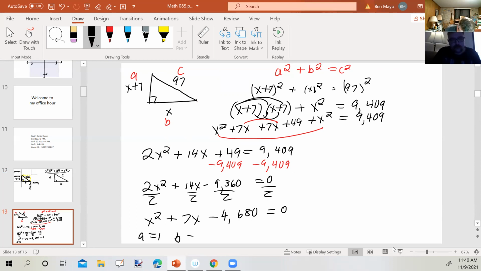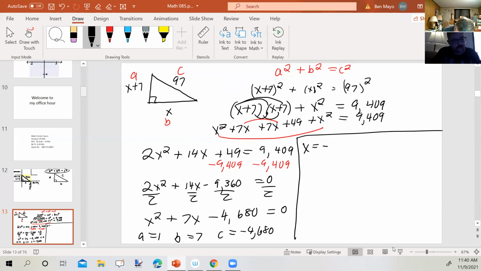A is 1, B is 7, C is negative 4,680. See if we can fit this all in here. So x equals negative b plus or minus the square root of b squared minus 4ac all over 2a.